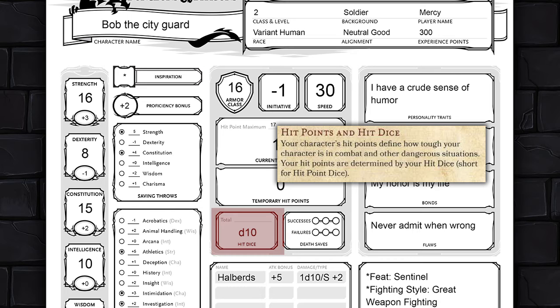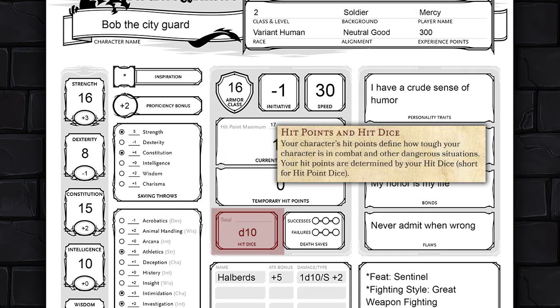If you are multiclassing, which is not the case with Bob, but it might happen, because, hey, tomorrow he might decide to be a paladin, you never know, Bob has that in him, then that hit dice field is going to be very important. Now, in case you have not multiclassed, then your hit dice is never going to change, so in the big field, you write down d10 in Bob's case, because he's a fighter, but for the total, that always equals the total amount of levels that you have in all classes that you have chosen to branch out to.